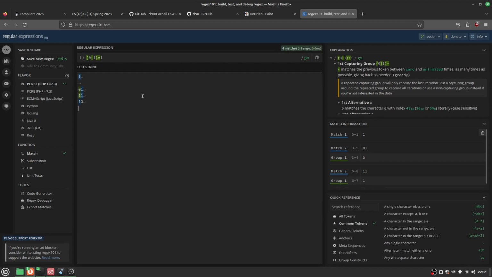It should not match. 0, 1. No, that shouldn't match, right?